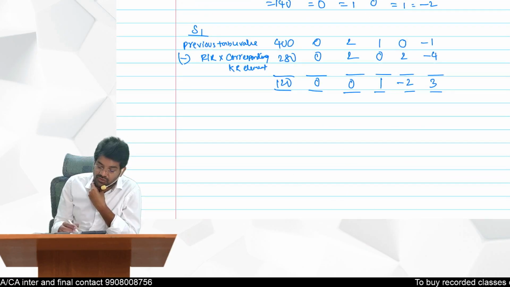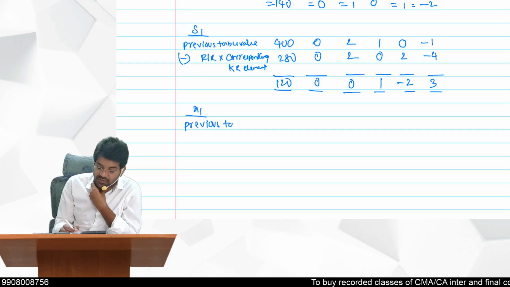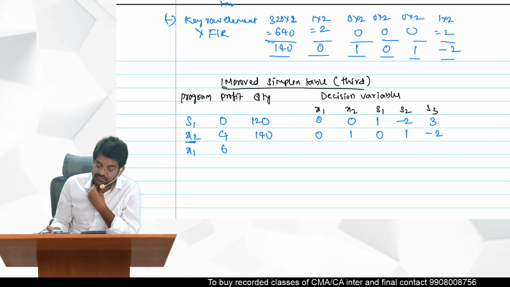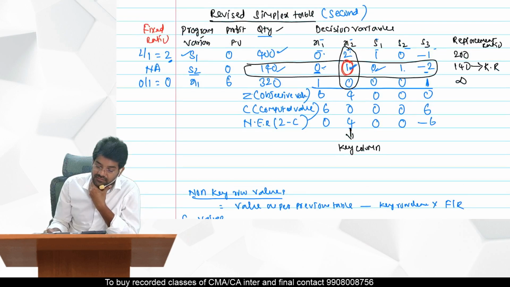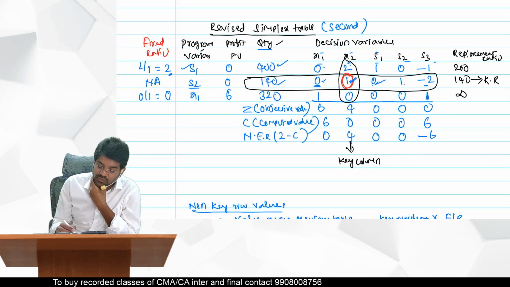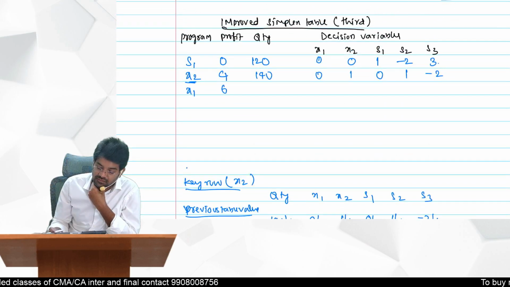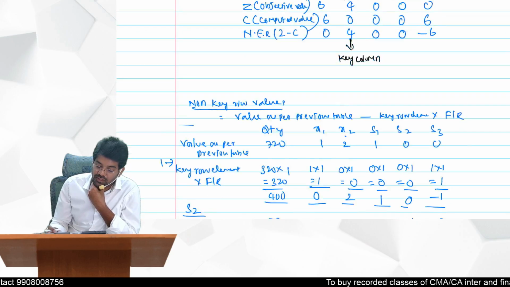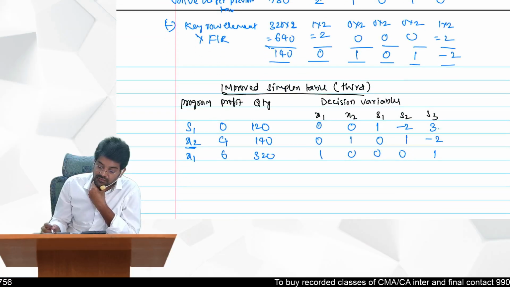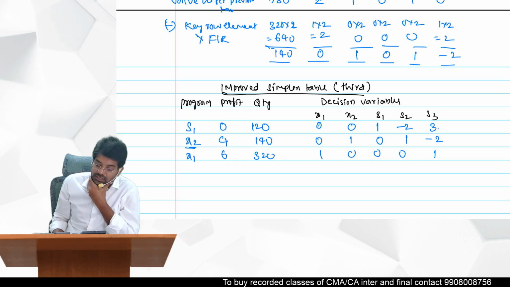For x1 we should do it also. Again, what is the previous table value for x1? 320, 1, 0, 0, 0, 1. Okay, yes.